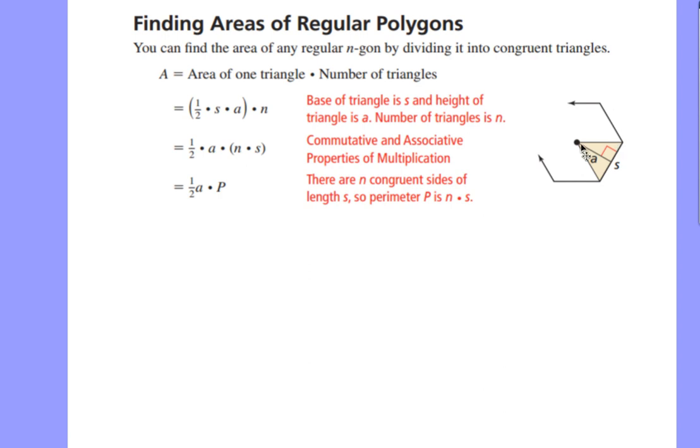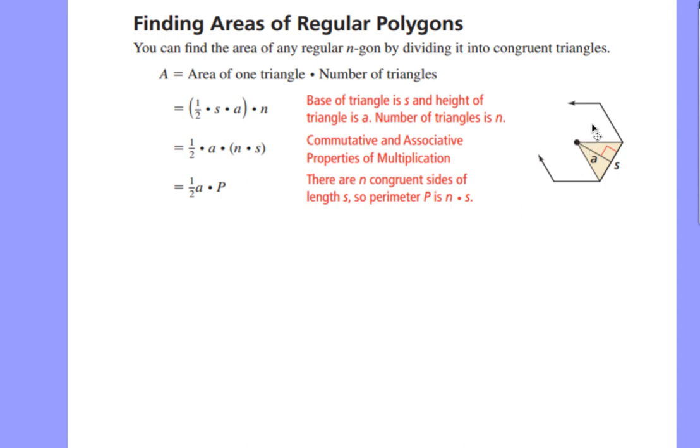So let's think about this. If we have a polygon, every time that you draw a radius, as we talked about in our previous video, you create a set of congruent triangles, depending on the number of sides you have.